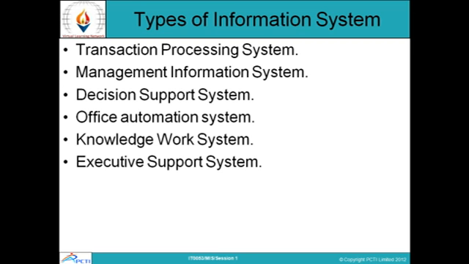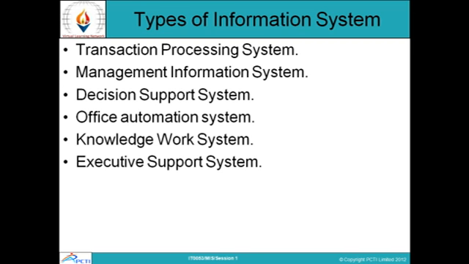Now let's discuss the types of information system. There are different types of information system like transaction processing system, management information system, decision support system, office automation system, knowledge work system, executive support system.